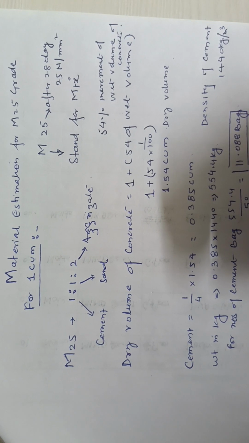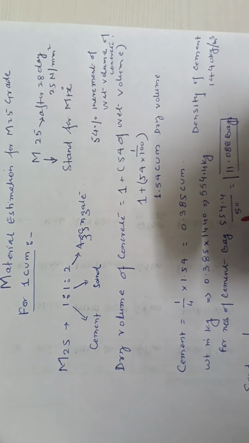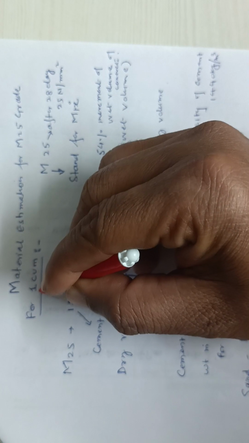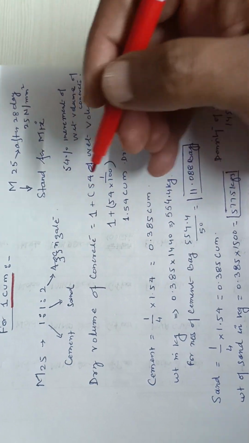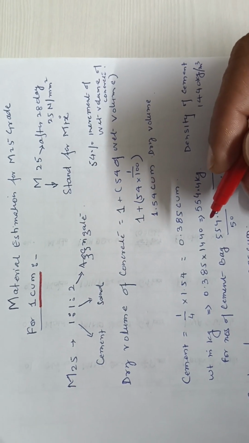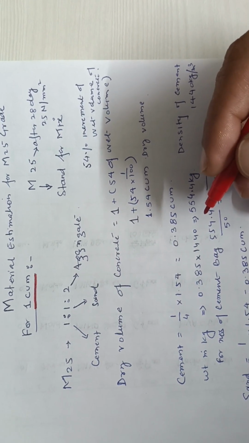Today we are going to learn a very interesting topic, that is material estimation for M25 grade. We will calculate for 1 cubic meter only. So how much is required? You can do this at your site depending on the area of the slab, and you can calculate the volume.